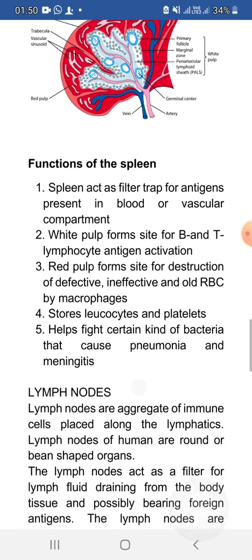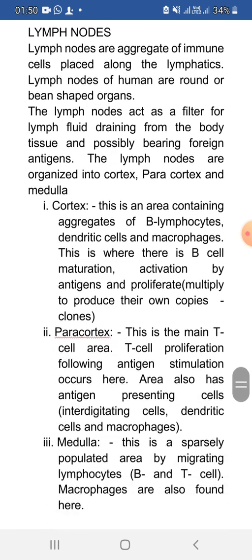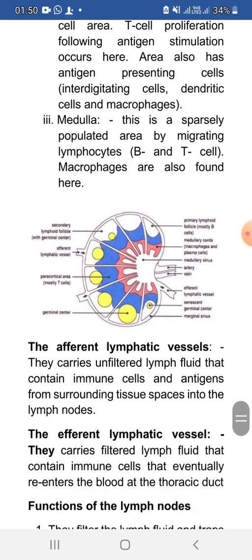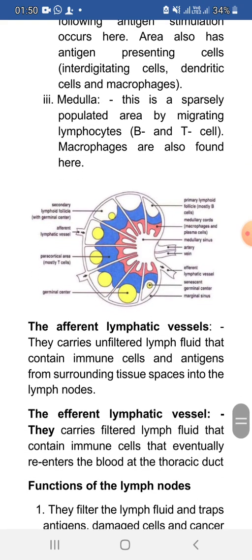Then we move to the next one, lymph nodes. Again, let's start by looking at the diagram. The lymph node is also encapsulated, with a capsule and divisions which can be seen. A unique thing about this is that it has vessels bringing in lymph fluid and carrying the lymph fluid away.